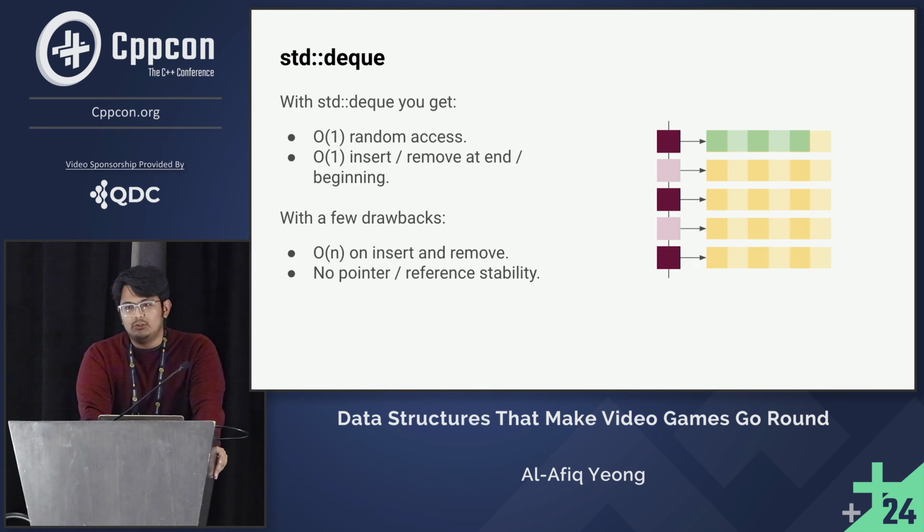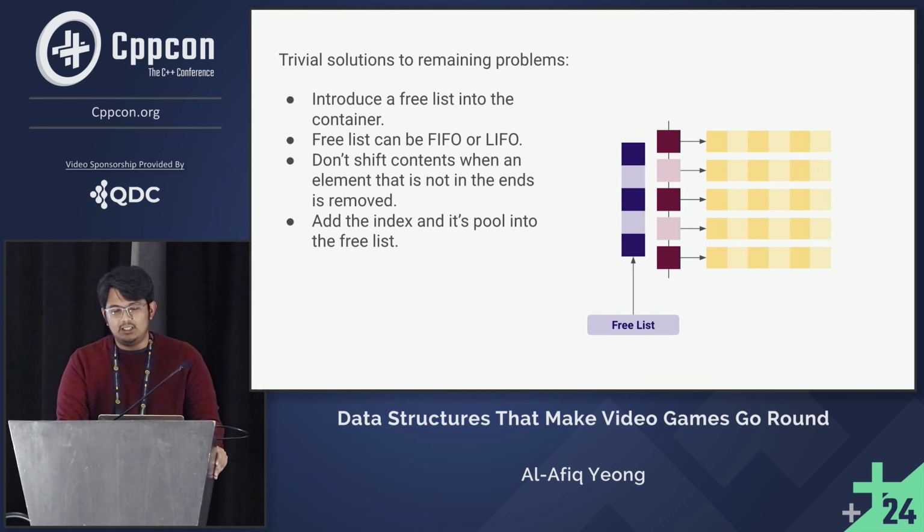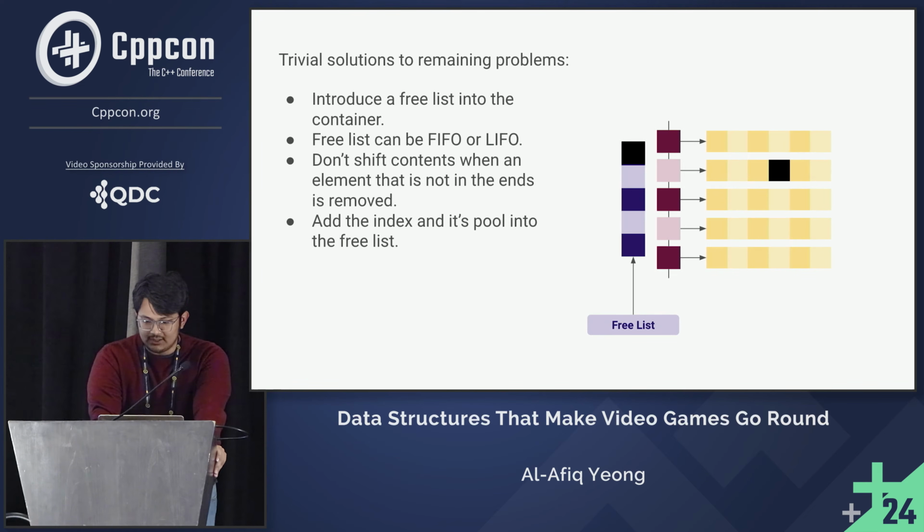So what else can we do? Well, we just need to introduce a free list. This free list can be anything. It could be a linked list, or it could be a std::vector. Doesn't really matter, right? And when we are removing something from the container, we take the index of the pool that it is from and the offset of the object inside of the chunk and store it in the free list.